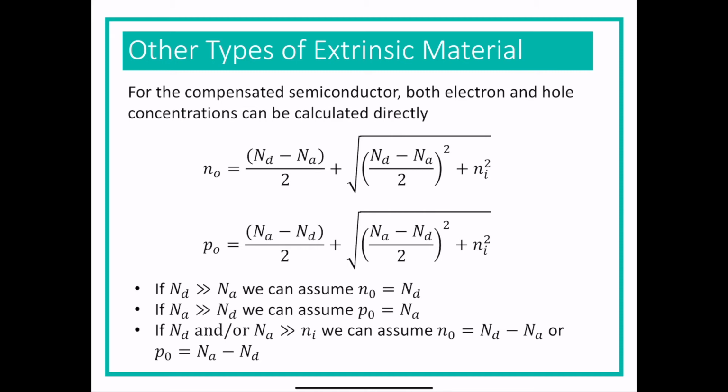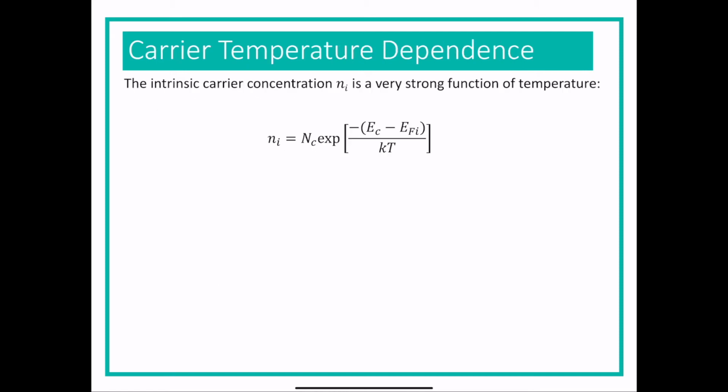Temperature makes a big, big, big difference in how many carriers you get. And you've seen that. You've seen the number of carriers goes up as the temperature goes up. And it's a very strong function of temperature because it's an exponential. So we actually have temperature in an exponential that's dealing with the carrier concentration. That's going to be really large.